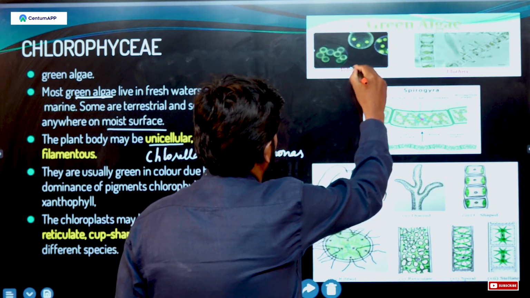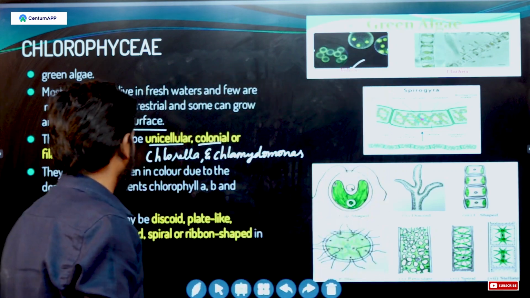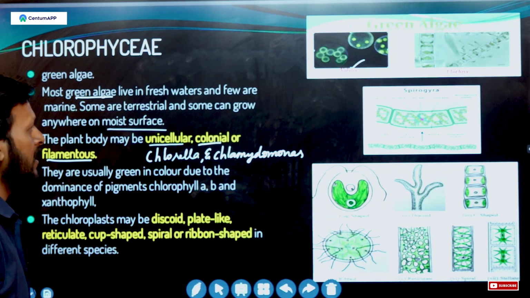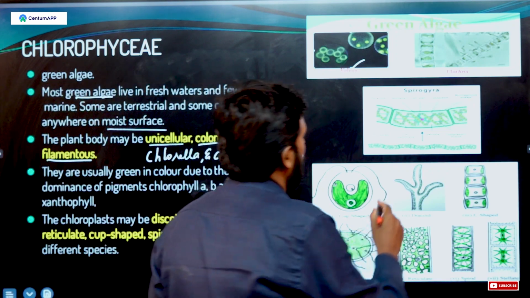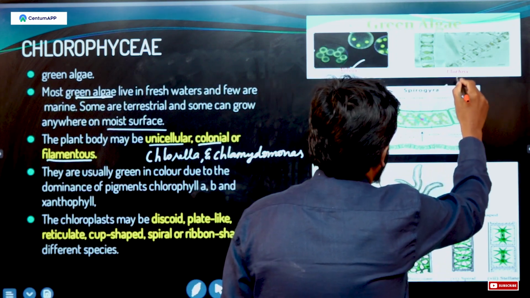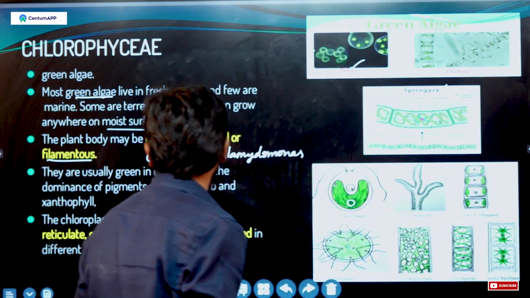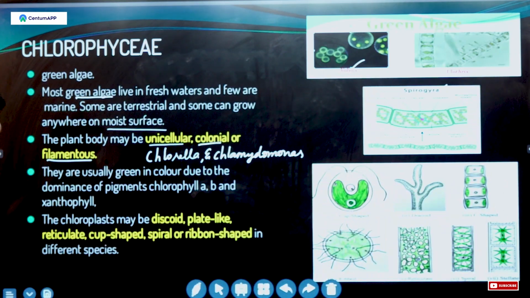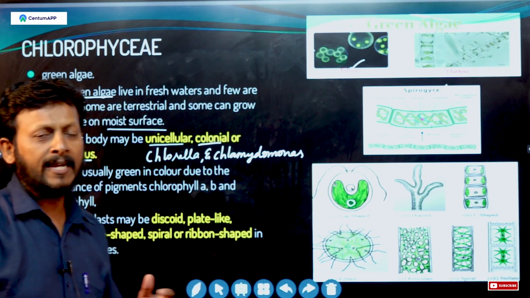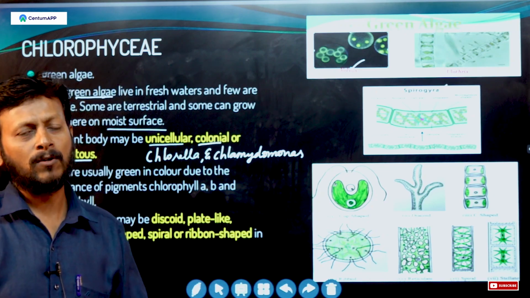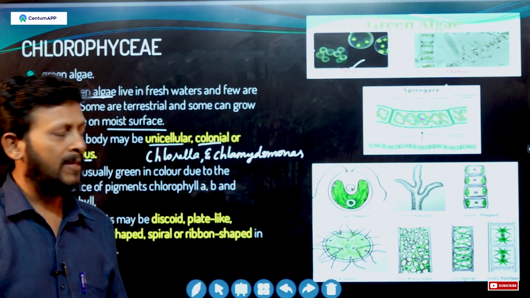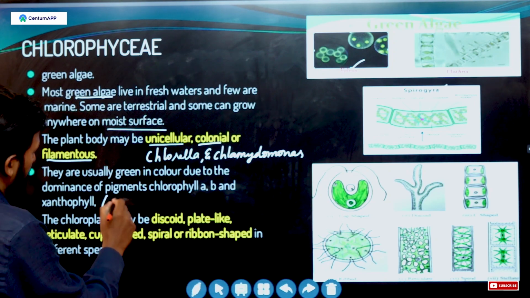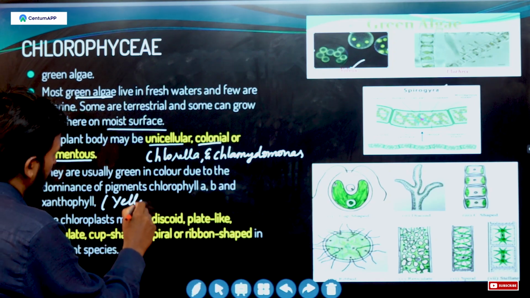This is the colonial formation. And then filamentous forms: a filament is a thread-like structure, like Spirogyra and Ulothrix. These are all filamentous forms. Some green algae have chlorophyll A and chlorophyll B as well as xanthophyll, which is yellow in color.